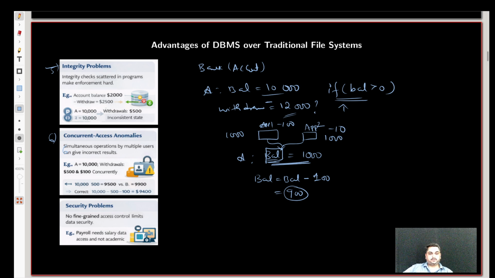One makes it 900, and after some time the other makes it 1000 minus 10, that is 990. So instead of 890 the result is 990. This is the inconsistent, wrong result. That is the reason concurrent accesses should be handled properly.